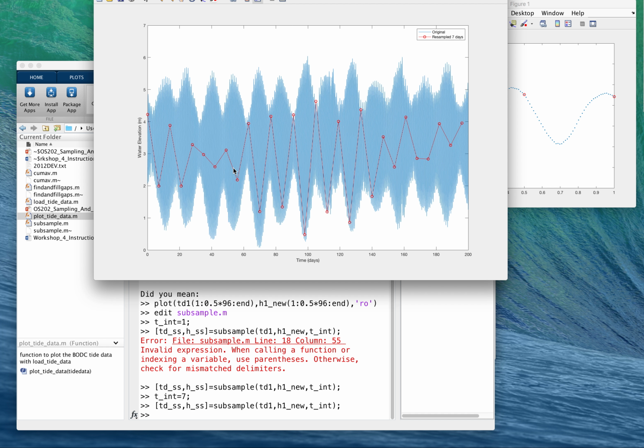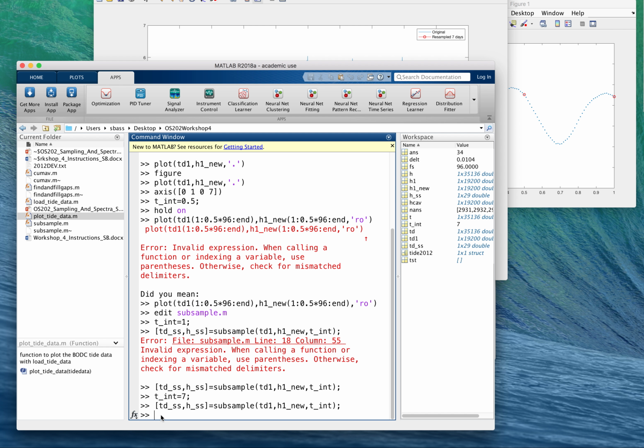Okay, so you can see how by undersampling our time series, we are basically seeing the phenomena of aliasing, whereby it appears there are longer periodic components available than they really are.